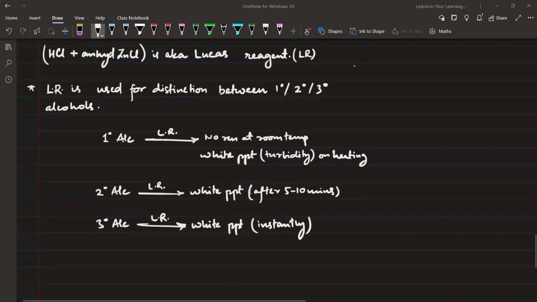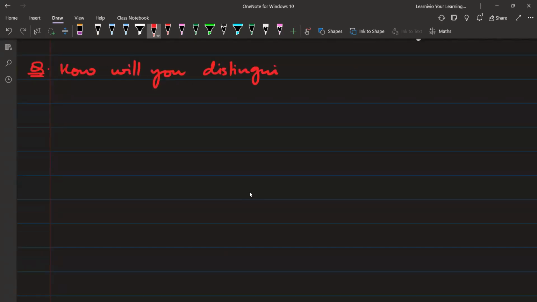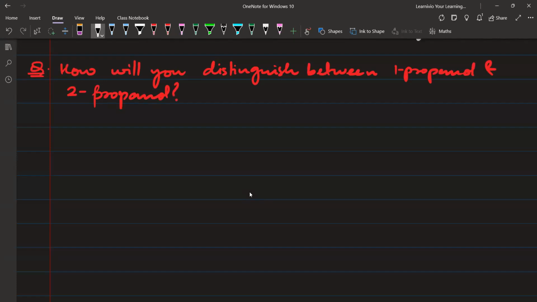सवाल आ सकते हैं. Distinguishing 1-propanol and 2-propanol, ठीक है, so you write using Lucas reagent.